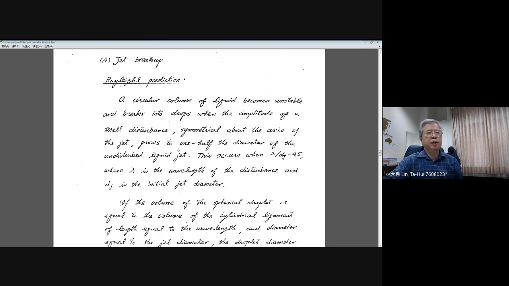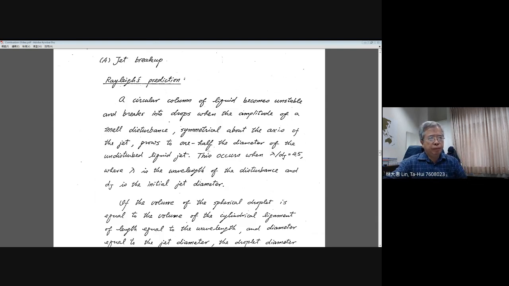This is very important. The wavelength is large enough to match just half of the diameter of the initial liquid jet. Then it has enough strength to break the liquid current into droplets. This is the first one.